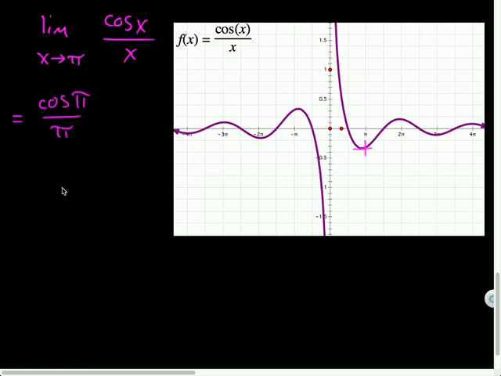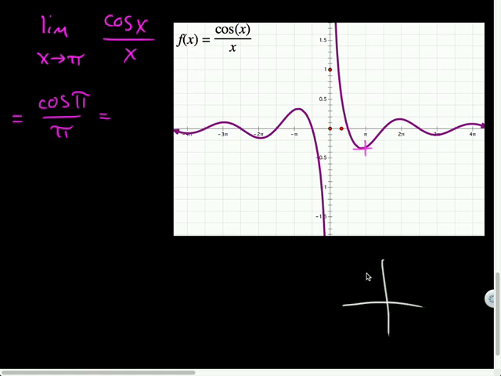Let's see. Do you guys remember what cosine of pi is? Well, how many degrees is pi radians? 180. Cosine is -1 at 180 degrees because cosine is the x-coordinate on the unit circle. And at 180 degrees, I'll even draw a little graph, why not?